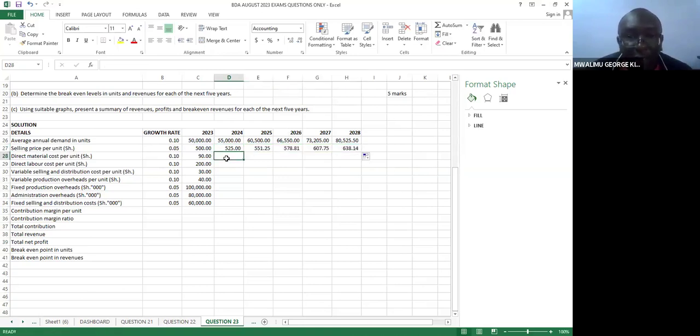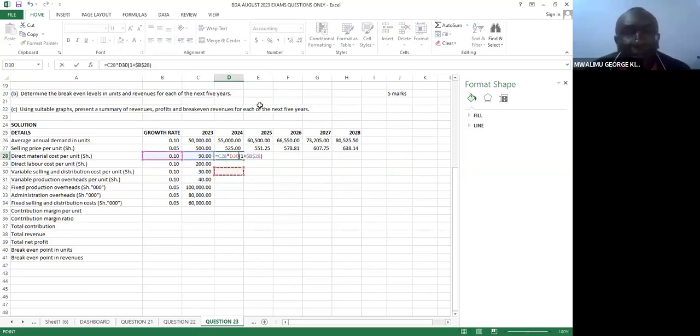Kuja kwa hii direct equals this times, open the brackets, this one. Oh, sorry. Although it can start, no problem. Si lazima uanze na 1 plus this one, F4, close the brackets, then we autofill.